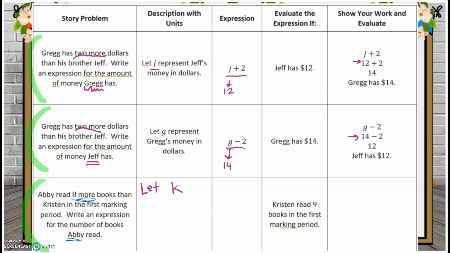So let K represent Kristen, represent the number of books that Kristen read. So the number of books Kristen read, because we want to have the units, it's just the number.